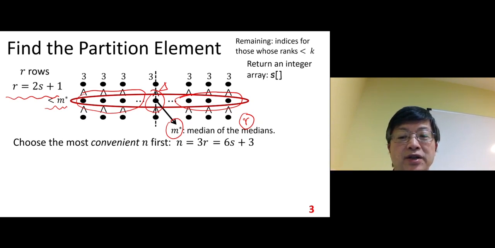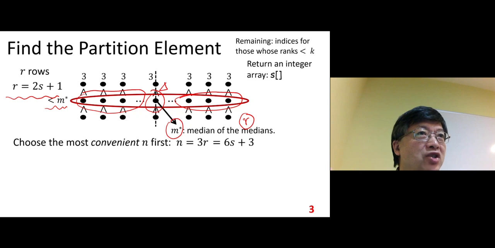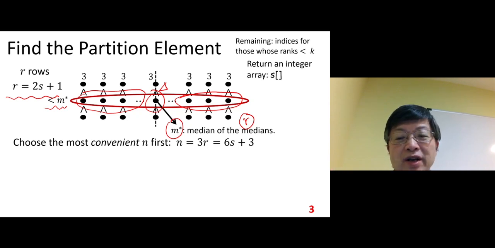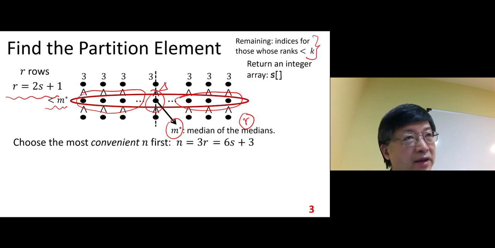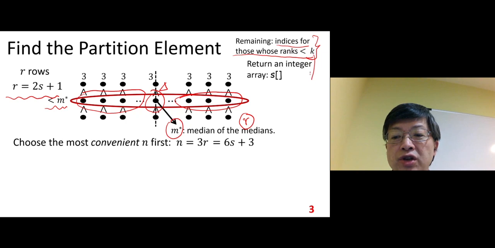The reason is related to the output of the recursive function. Remember the output. In the output, this part, the information we use, indices, for those whose ranks are less than k; in this special situation, this k corresponds to M star.